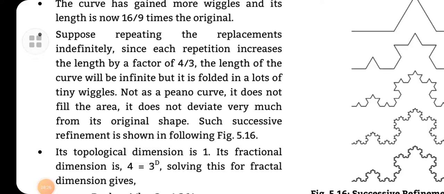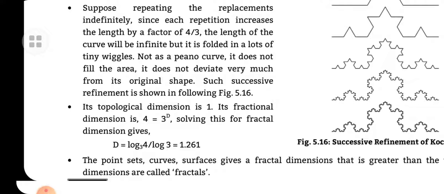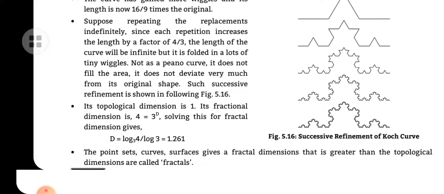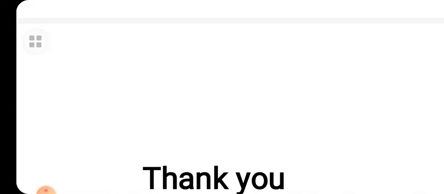Its topological dimension is 1 and its fractional dimension is given by 4 equal to 3 raised to d, and solving this for the fractal dimension gives d is equal to log 4 divided by log 3, which is equal to 1.261. The point sets, curves and surfaces that give a fractal dimension greater than the topological dimension are called fractals.